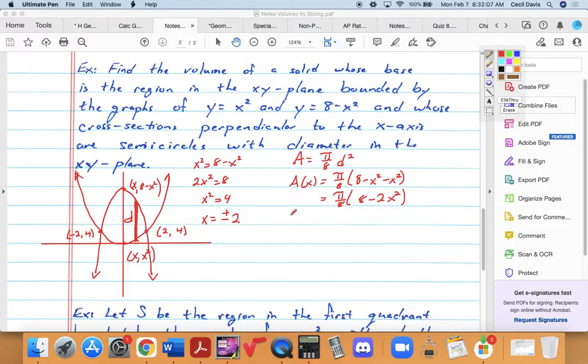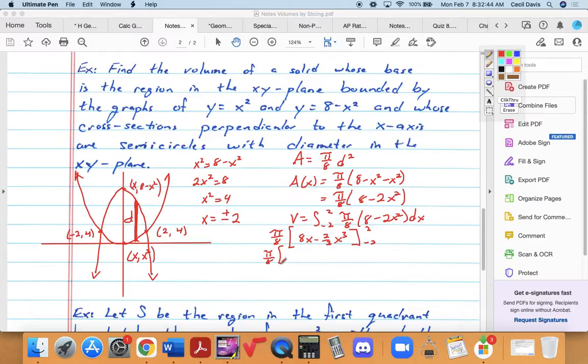So the volume will simply be the integral from negative 2 to 2 of the area, pi over 8 times 8 minus 2x squared dx. So that's pi over 8 times 8x minus 2/3 x cubed from negative 2 to 2.